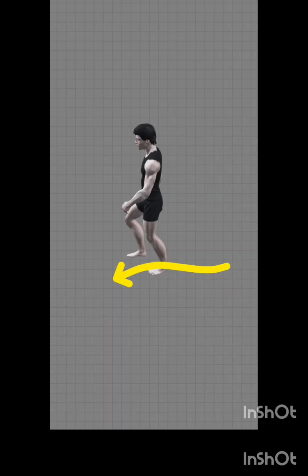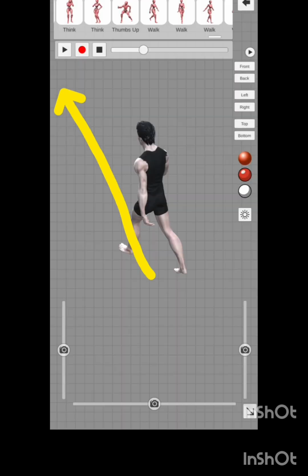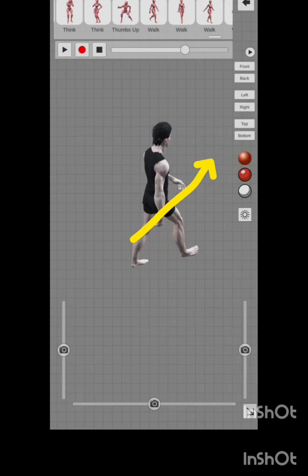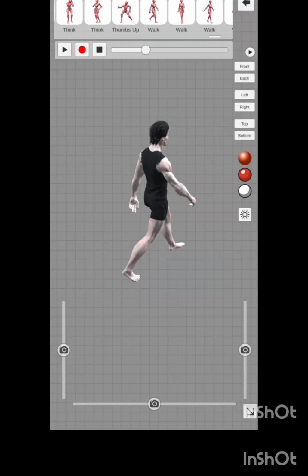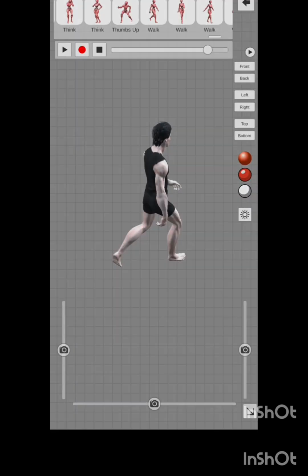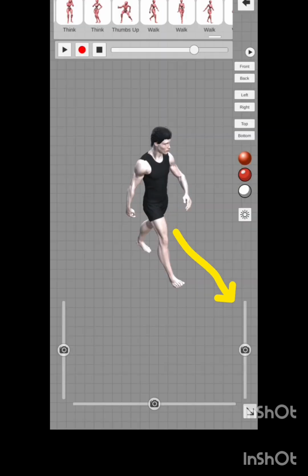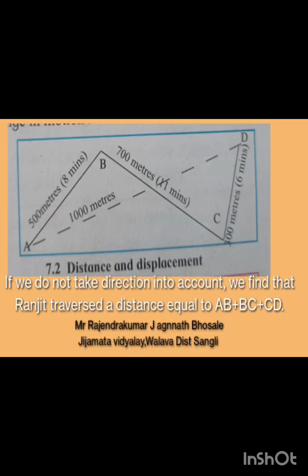For example, Ranjit's house is at place A. The figure shows the distance travelled by Ranjit to reach his school at D. If we do not take direction into account, we find that Ranjit travelled a distance equal to AB plus BC plus CD.